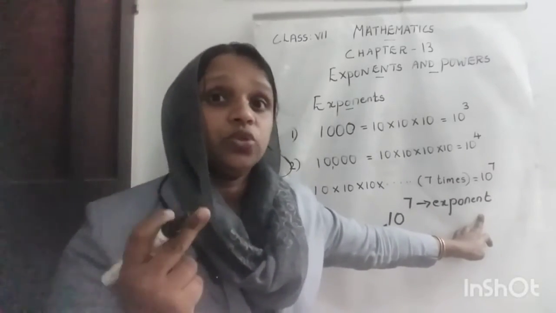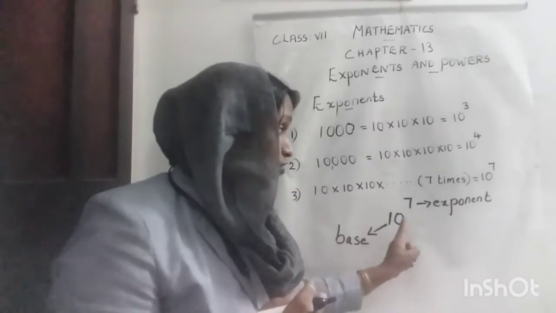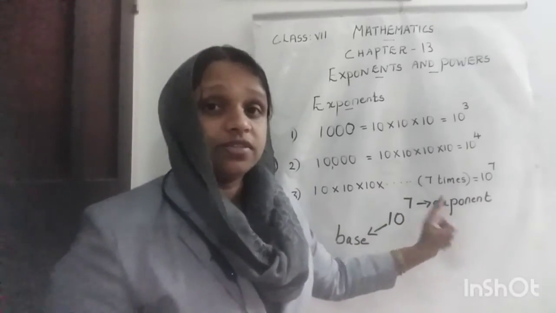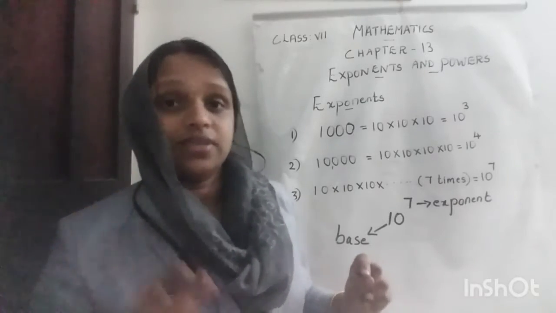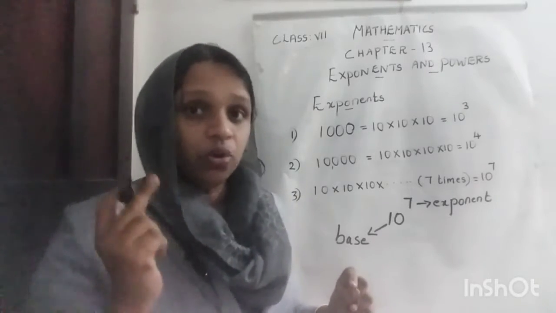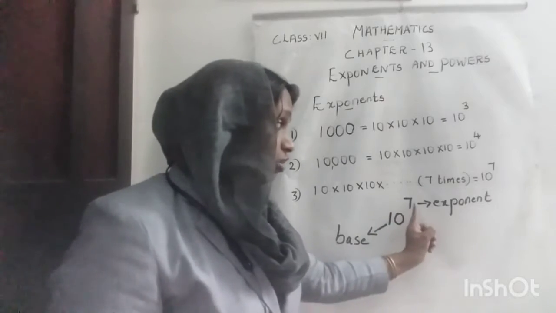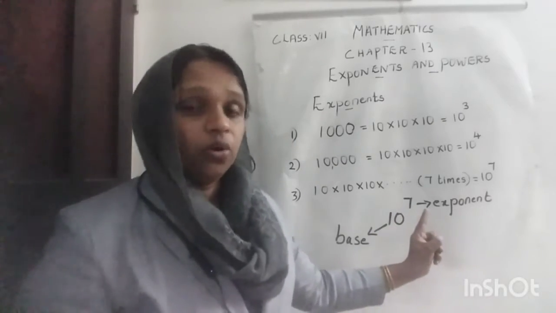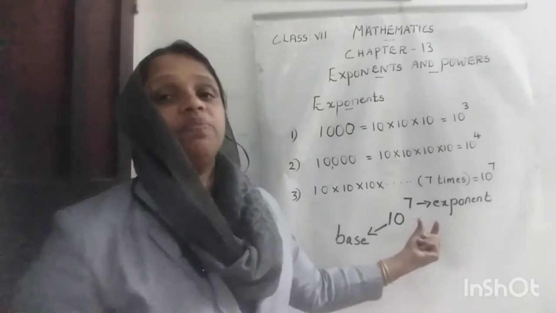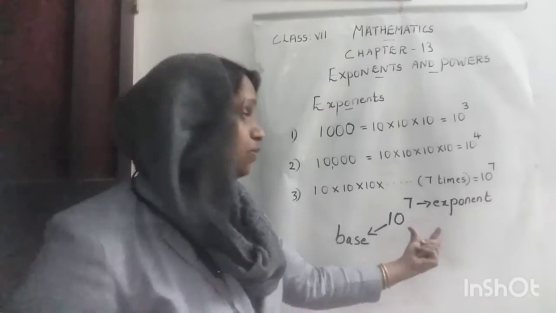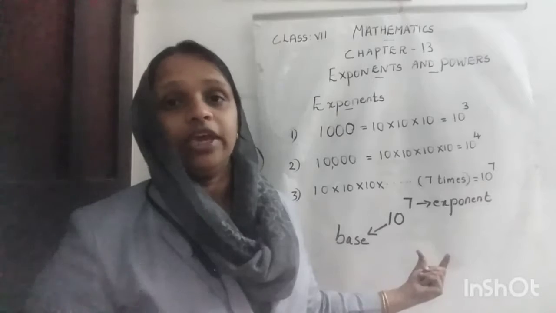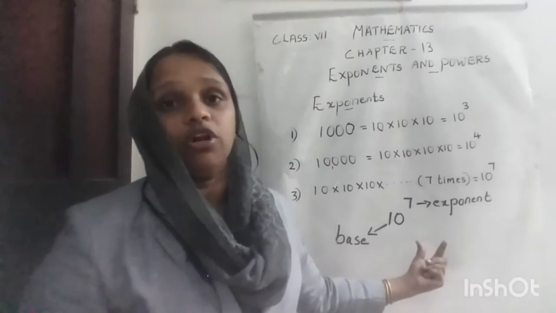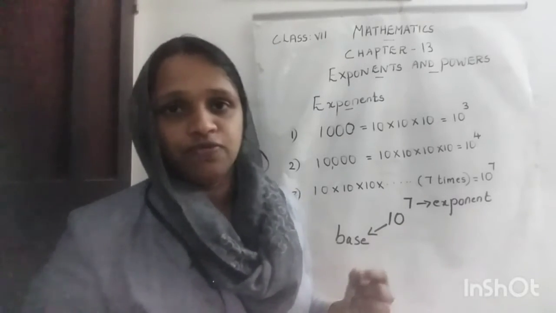And how do we read this? 10 raised to the power 7, or in a simple way, 10 raised to 7. This way of representing numbers, this form, we call exponential form.